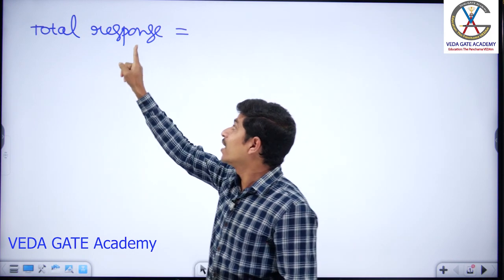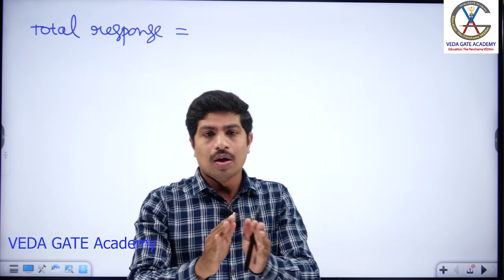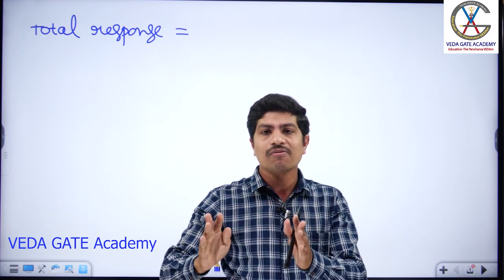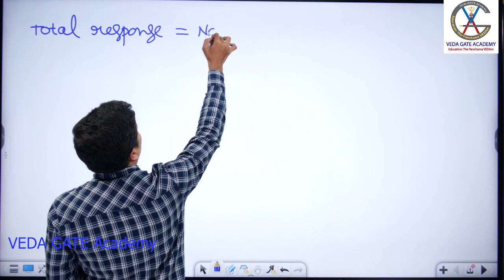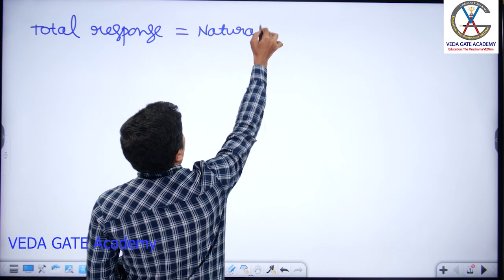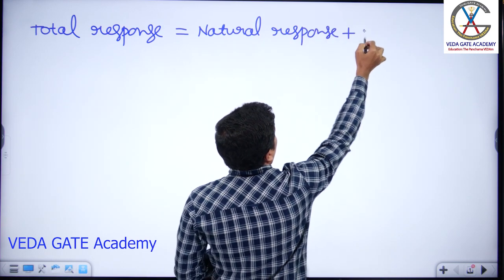In fact, every dynamic system. For static systems, there is no natural response; they have only forced response. So total response is equal to natural response plus forced response.